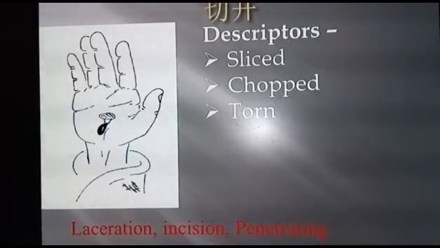When a doctor or a nurse cuts into a patient in an operation or a procedure, we call it an incision. So a laceration is what happened outside of the hospital, and an incision is what we do to the patient.